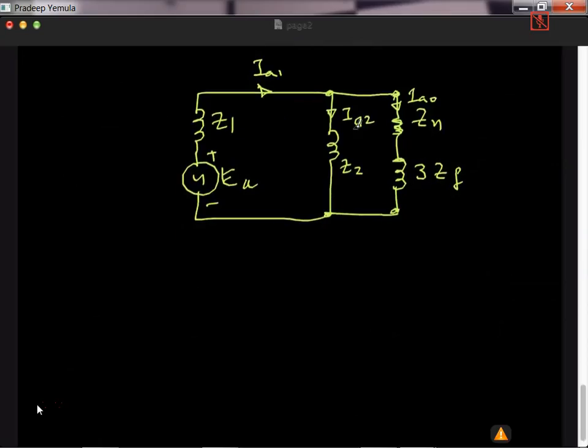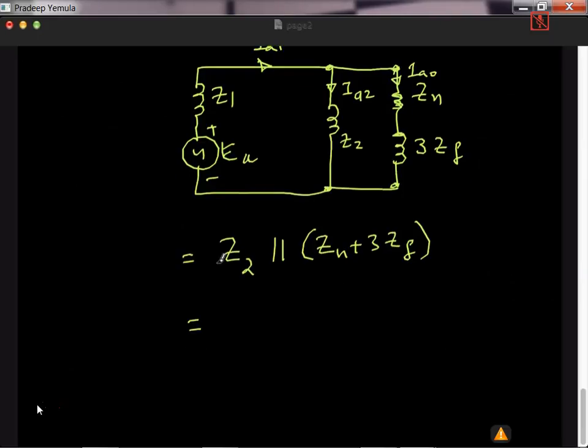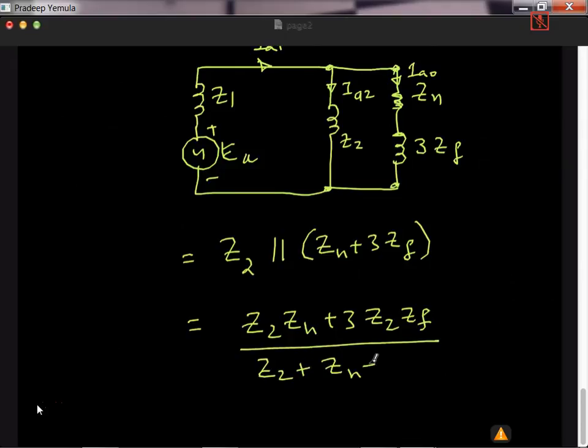So for the parallel branch, Z2 is in parallel with Zn plus 3Zf. So what is this overall impedance? The two impedances are in parallel. That means Z2 Zn plus 3 Z2 Zf divided by Z2 plus Zn plus 3Zf. Just looking at the parallel circuit. So this is the overall this thing. Now, what is the overall impedance?